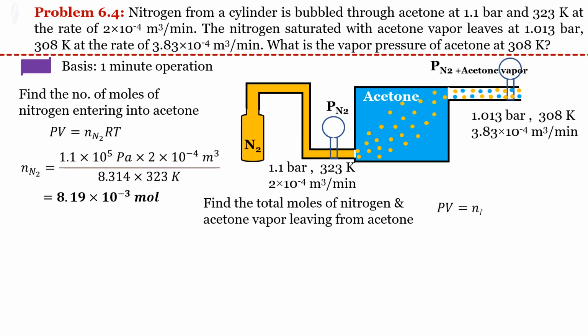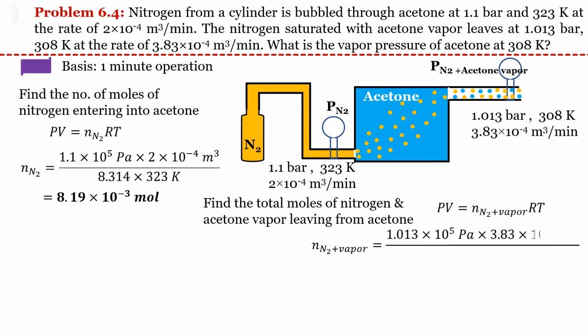So again using the ideal gas equation we can find the total moles of nitrogen plus acetone vapor. We can put all values into the ideal gas equation and after solving we will get the moles of nitrogen plus acetone vapor at exit.